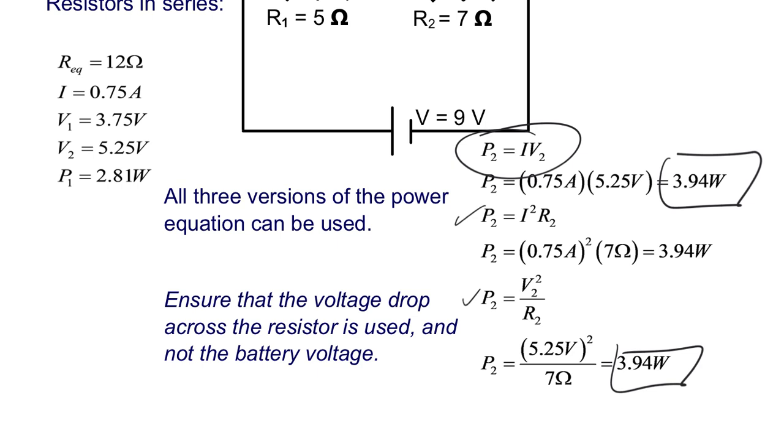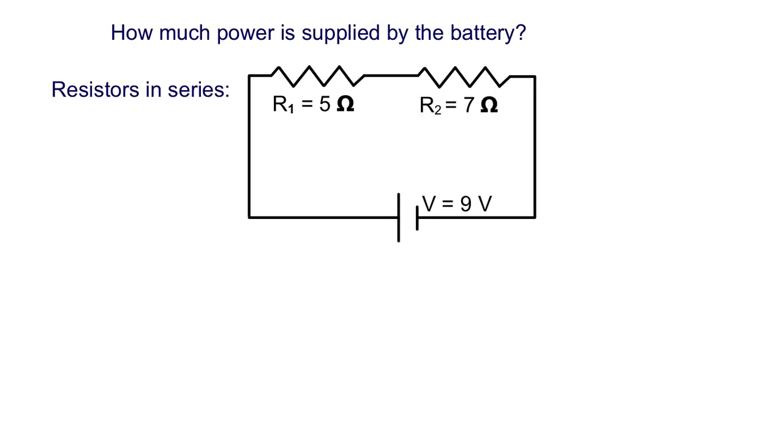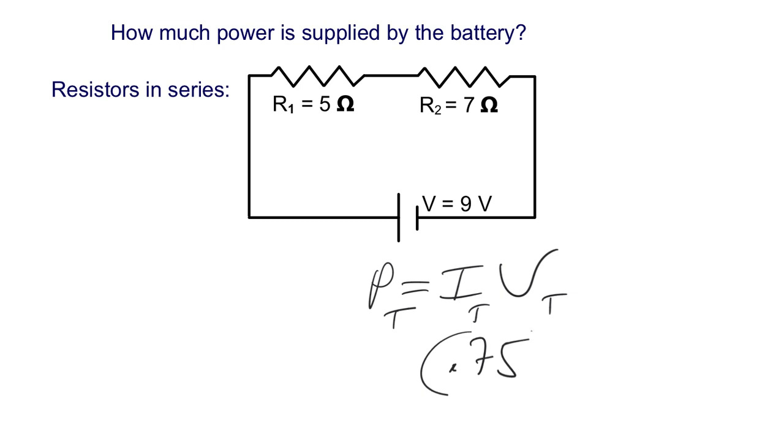Oh, this is a totally fresh battery. We can say P equals IV. So 0.75 was the current, right? And the total voltage is 9 volts.